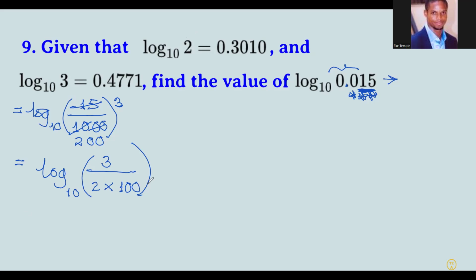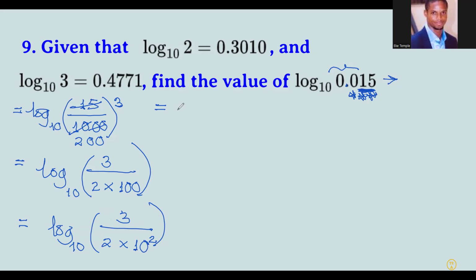So let us express the 100 in the right way here as an index. So this is log base 10 of 3 divided by 2 multiplied by 100, which is 10 to the power 2, 10 squared. Beautiful. And now we can use the reverse of our combination law.